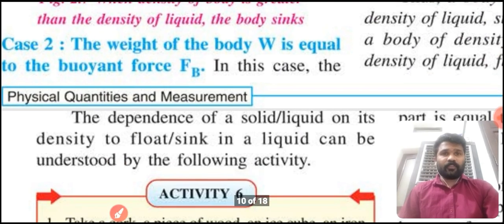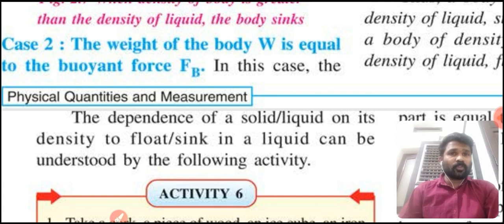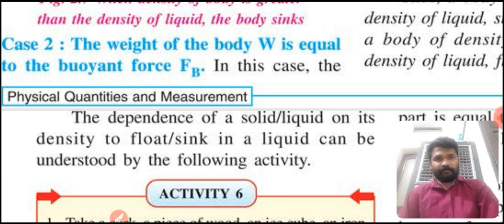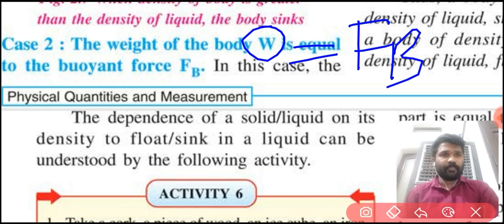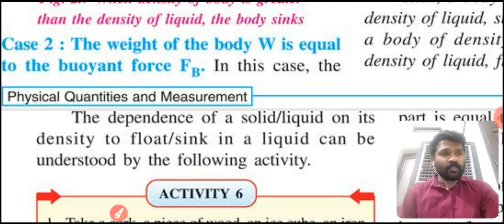Now, second case, the weight of the body W is equal to the buoyant force FB. In this case, what will happen?